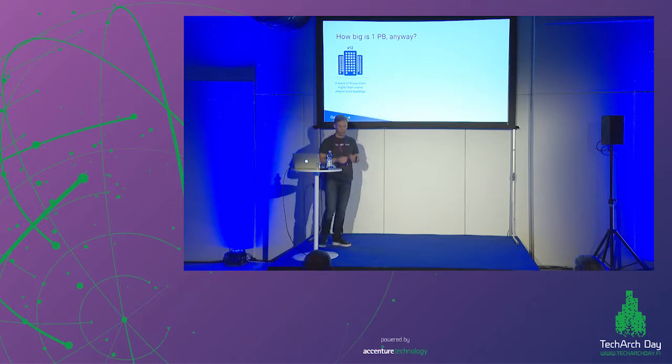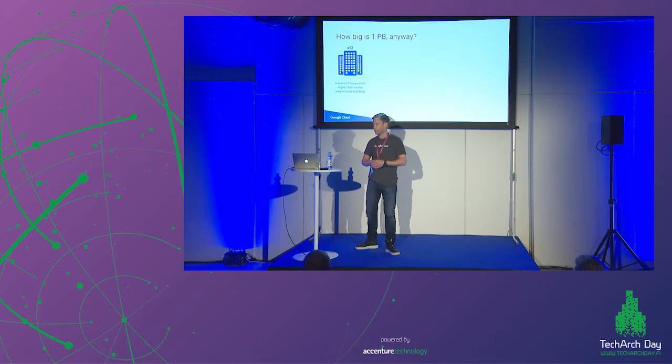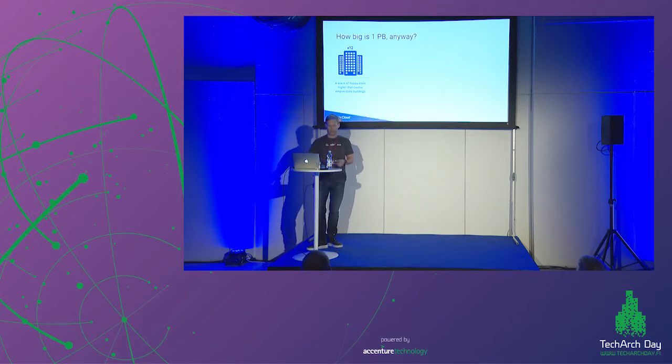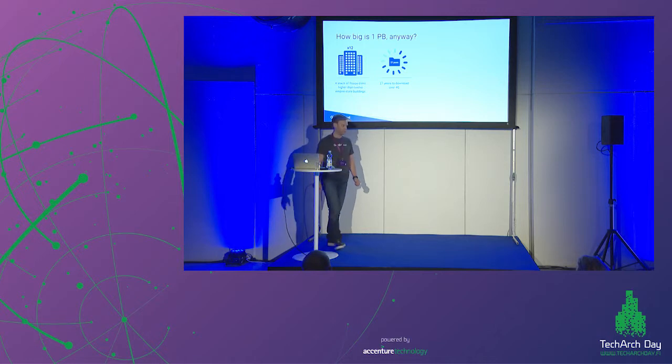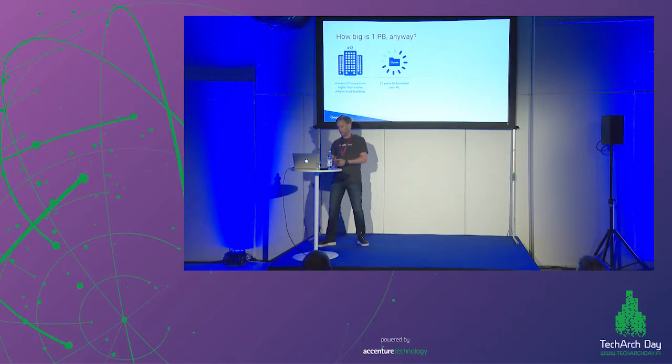Because most people in here, I assume, have a smartphone. You are on a 4G connection, or maybe even faster. If you would get the idea to download a petabyte to your mobile phone, that would take you 27 years. And it is recommended that you have a flat fee.